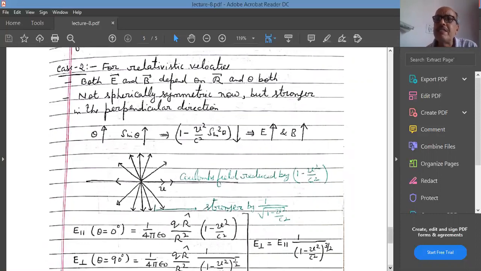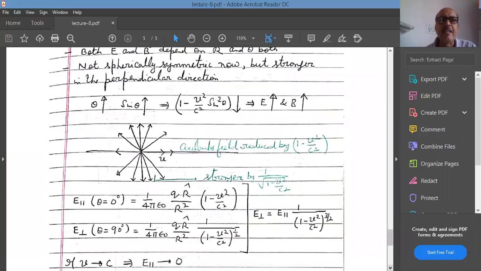I will write down the equations for theta equal to 0 and 90 degrees. In the electric field expression, we now substitute the value of theta equal to 0. Theta equal to 0 means the electric field in the direction of movement of the charged particle, so I call it E parallel. The same arguments will be applicable for the magnetic field as well.